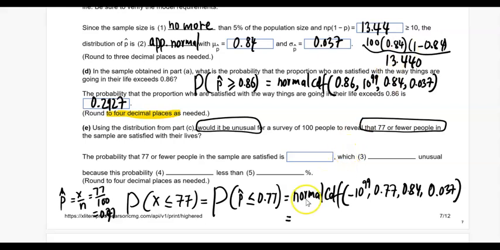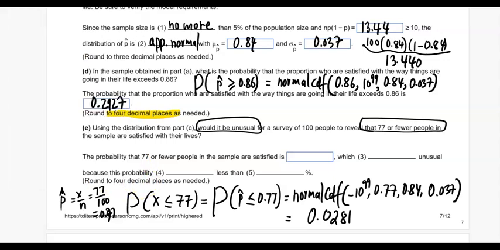Input that in your calculator as you did before, and you get the probability 0.0281, rounded to 4 decimal places.